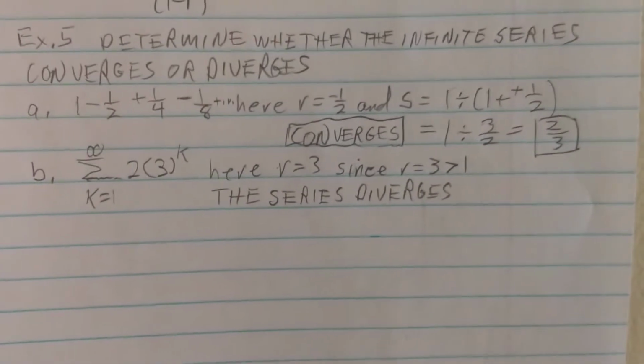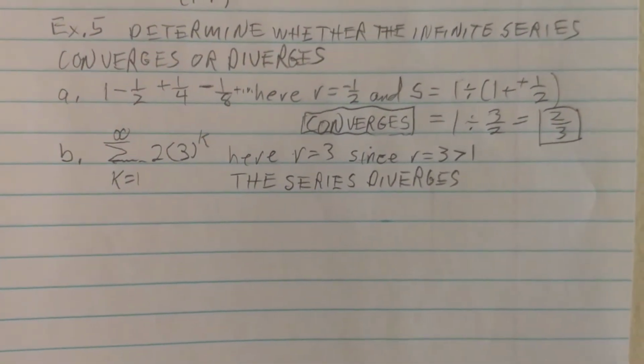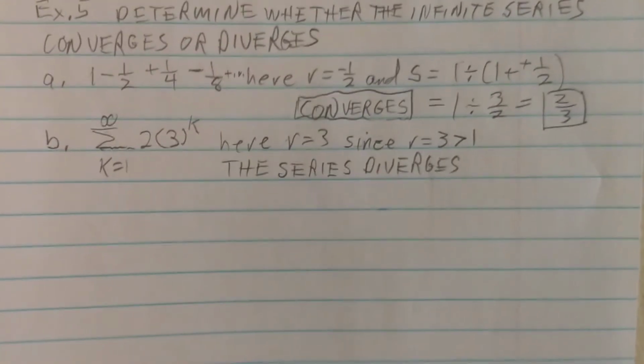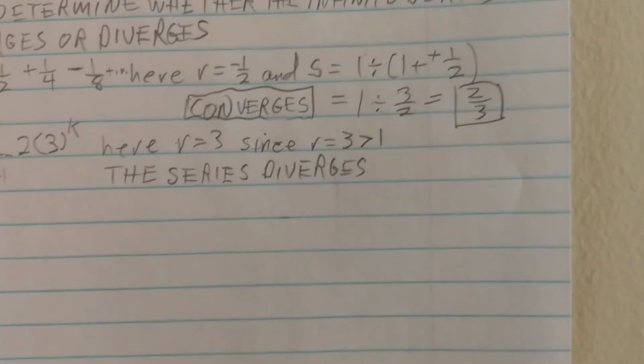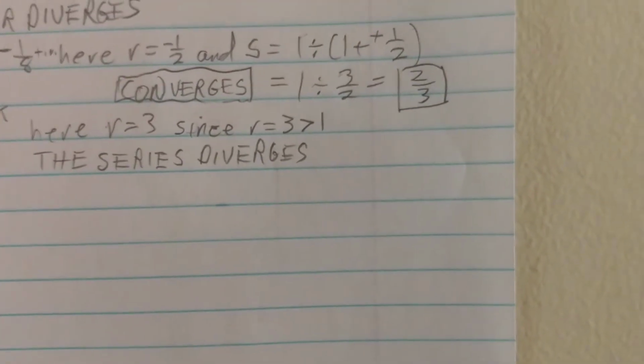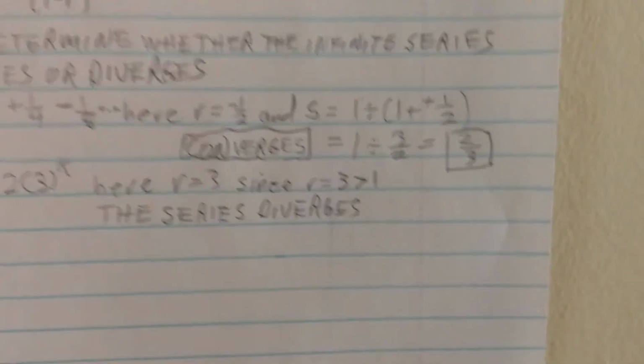Now if we look at part B, we see that we're summing from k equals 1 to infinity the terms 2 times 3 to the k. Here our multiplying factor is 3, but since R is greater than the 1 that we need it to be to converge, the series diverges, which means it blows up to infinity.